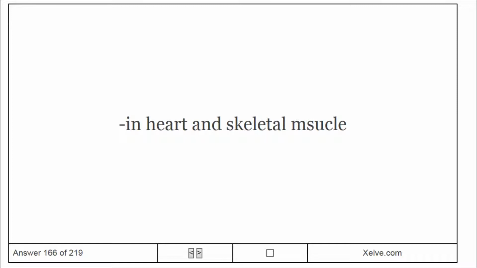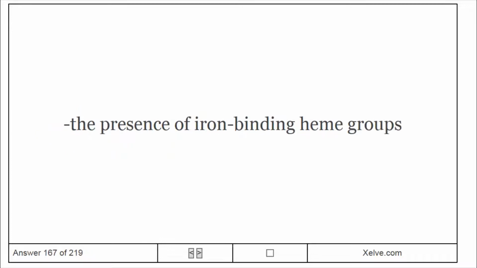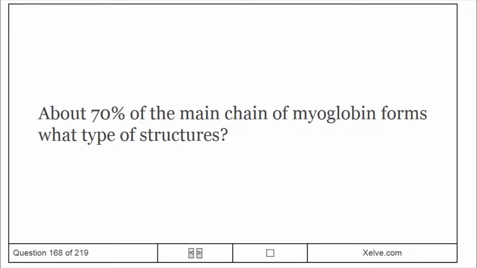Where is myoglobin predominantly found? In heart and skeletal muscle. What does the capacity of myoglobin to bind oxygen depend upon? The presence of iron-binding heme groups.